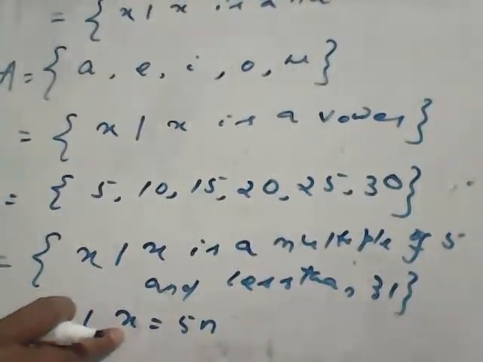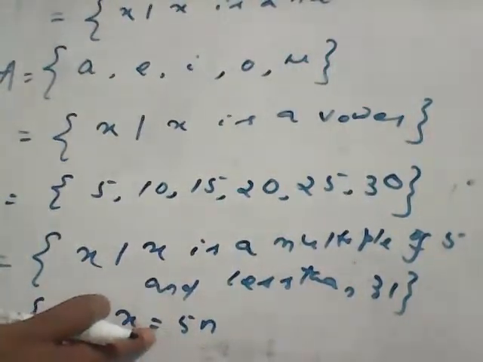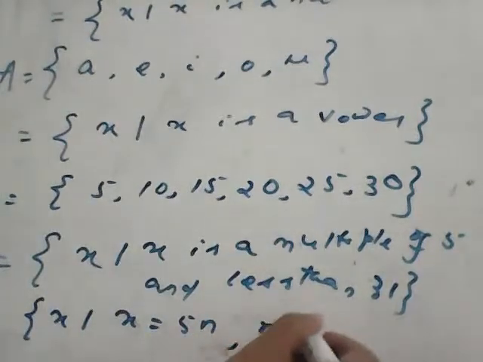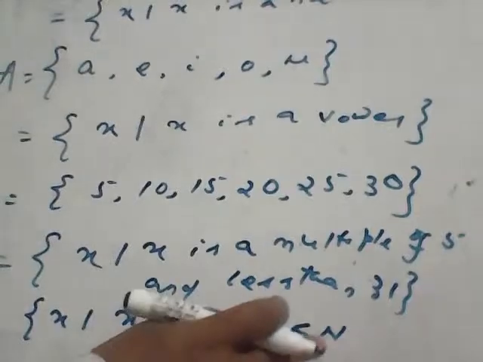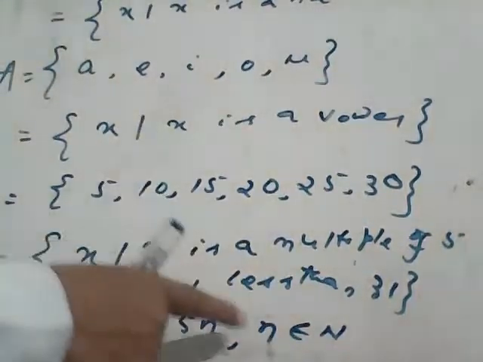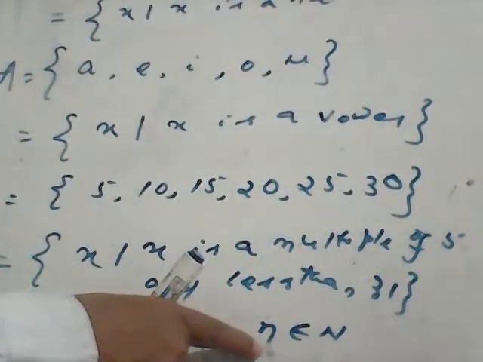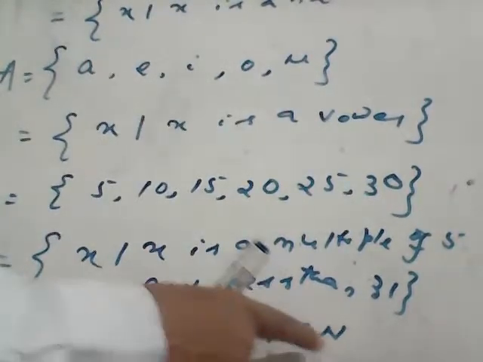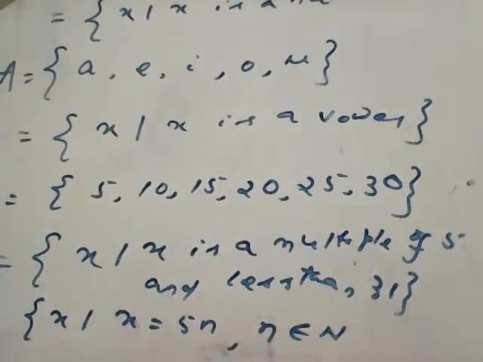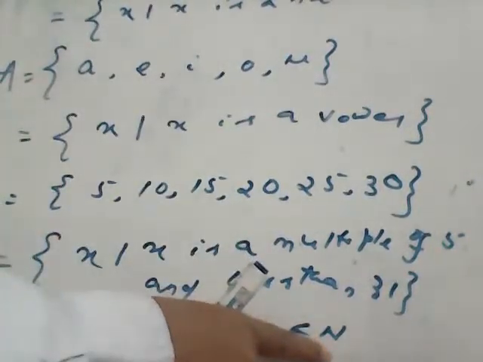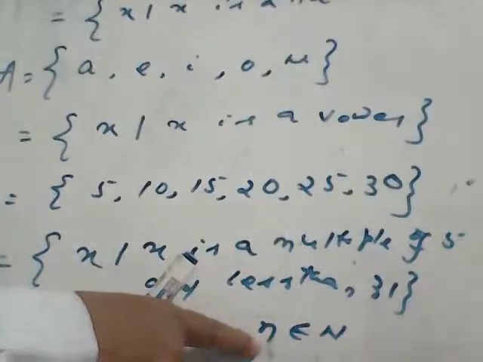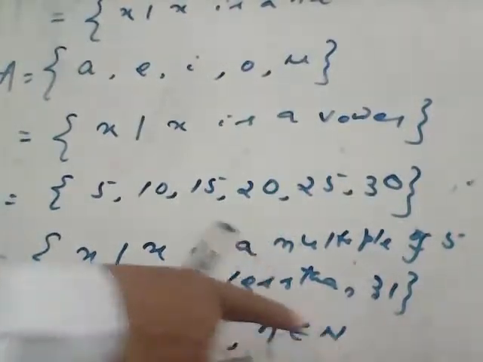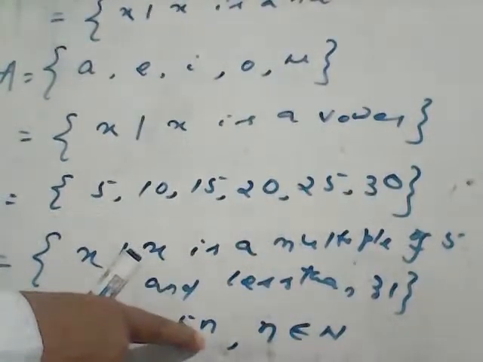X is defined in this way. What is n? You can write n belongs to capital N. What does it mean? Small n stands for the element, the natural number. Capital N is the name of the set. Normally we write capital N for the set of natural numbers. Small n belongs to capital N means this n is a natural number.